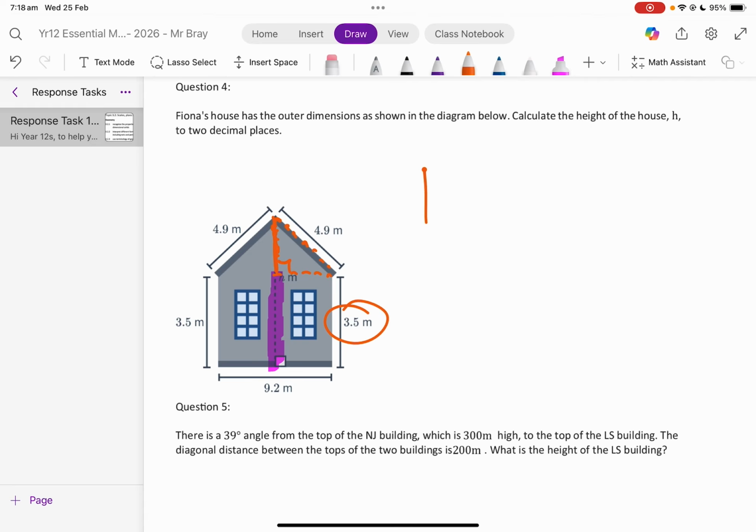So if I redraw said triangle, we've got 4.9 meters on the hypotenuse, and this bit here, from there to there, is half of that 9.2, so that should be 4.6 meters.